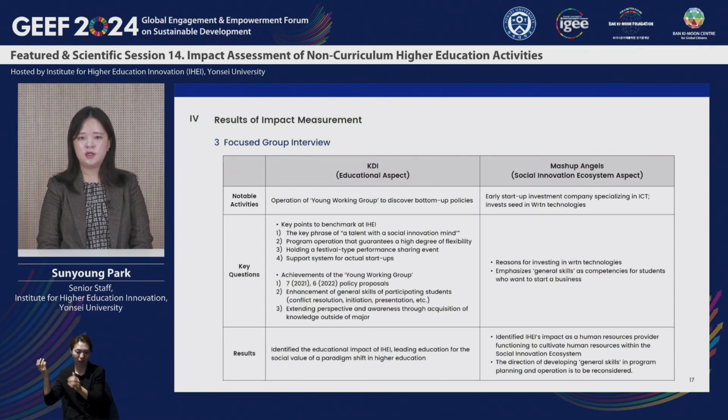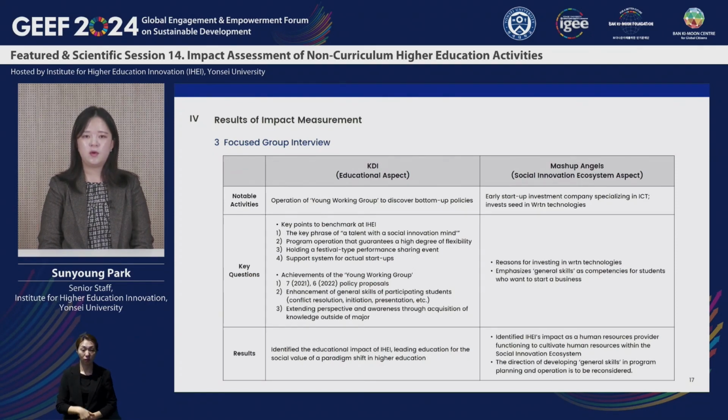During the interview with Mashup Angels, we focused on evaluating the reasons for investing in the startup and IHEI's role within the social innovation ecosystem. In conclusion, we were able to confirm the impact of IHEI as a provider of talent within the social innovation ecosystem. This provided valuable insight for future program planning and operational strategies.